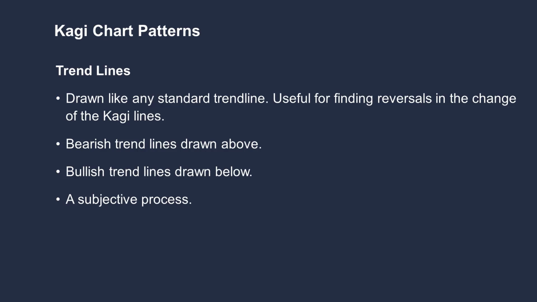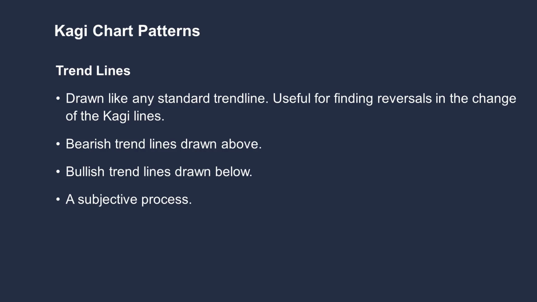It's the same in the world of KAGI, and the bearish trend lines are drawn above and the bullish trend lines drawn below. It's a very subjective process which we have to bear in mind, but again it's very useful for finding reversals in breakouts from trends. So it's worth often applying on top of your KAGI chart.